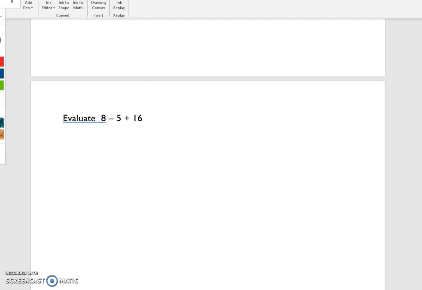So I will do 8 minus 5, which will give me 3. And again, as I work through a problem like this, I'm going to do one operator at a time and work my way down until I get a solution. 3 plus 16 is 19.